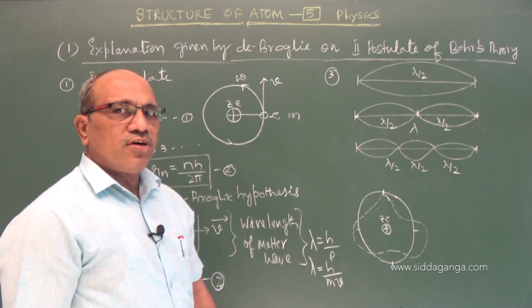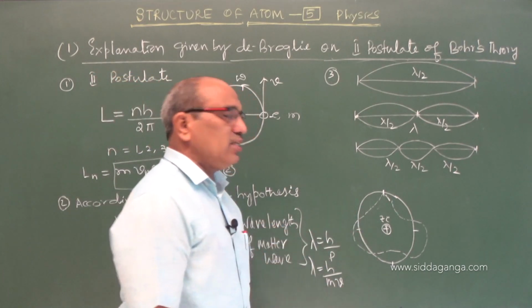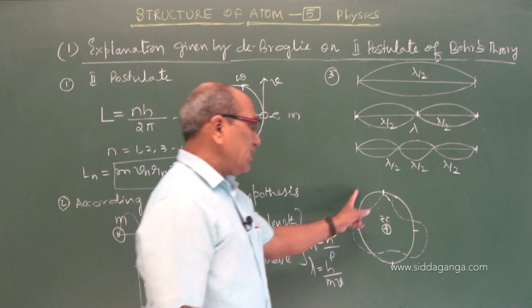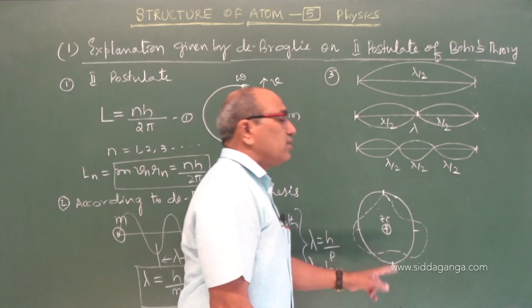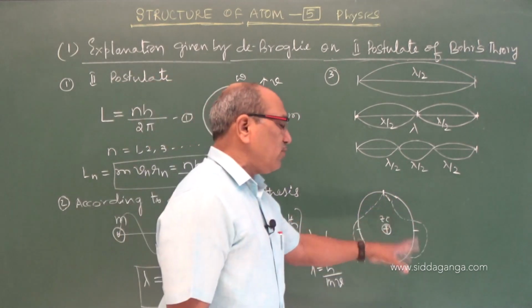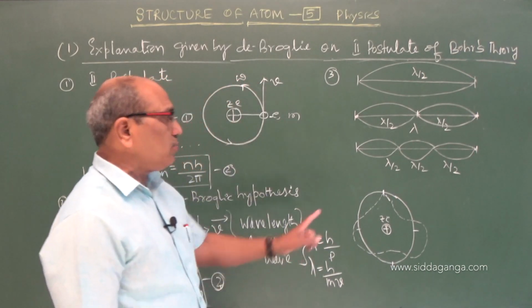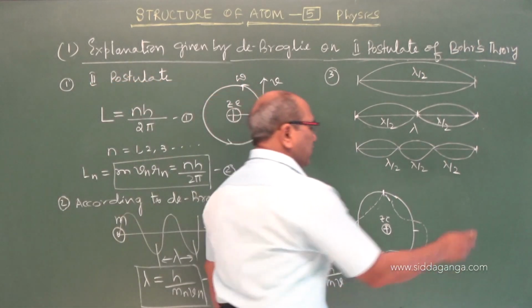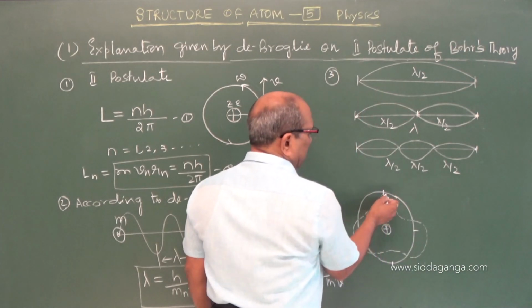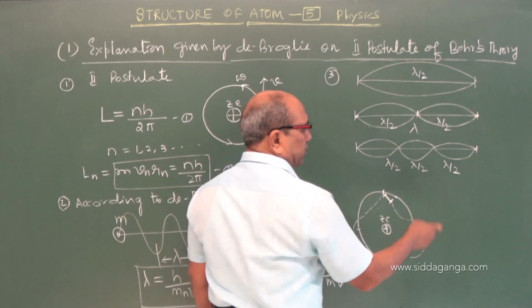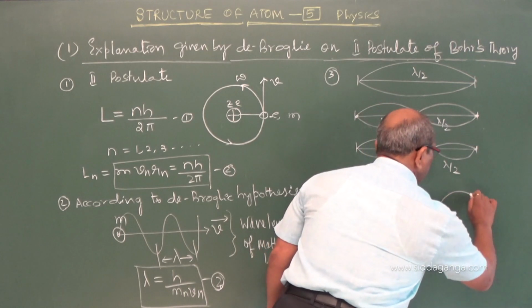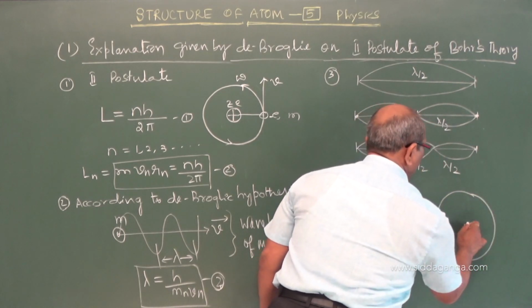Stationary waves are not formed, here also we cannot form the wave, or the loop is not completing with an integer multiple of wavelength, a fraction comes, it cannot be taken. Or otherwise, here there is a gap, this cannot be admitted, as I have taken in the previous example. Let us think the orbit is of this form.